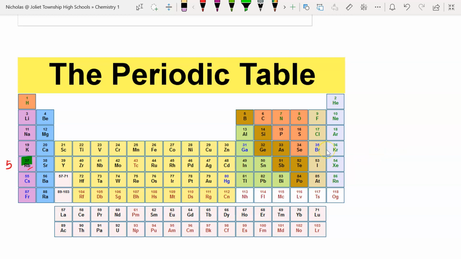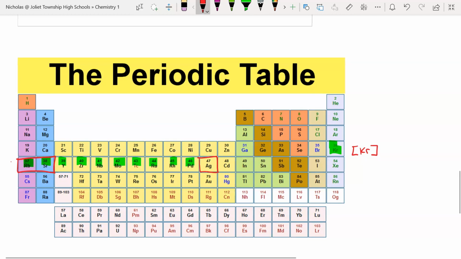So let me erase. All right, silver. Silver is Ag. Okay, so let's go backwards here. We're starting at krypton. We have this entire S block, and this is row 5.